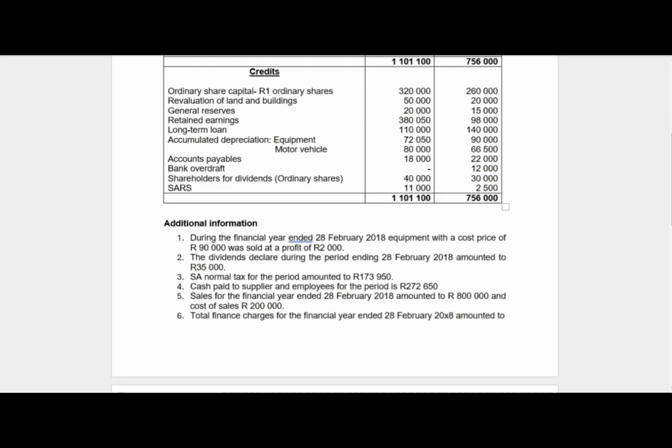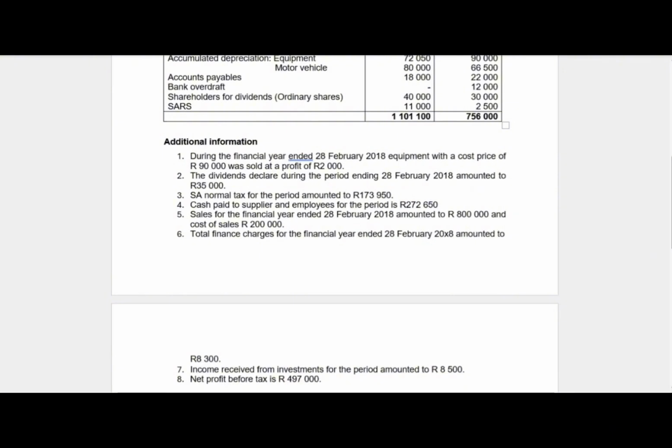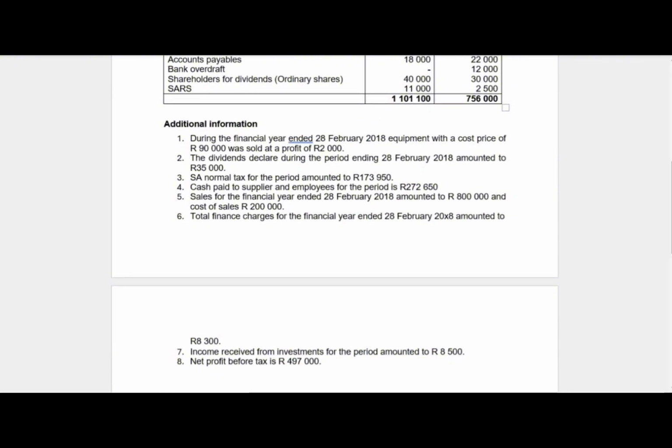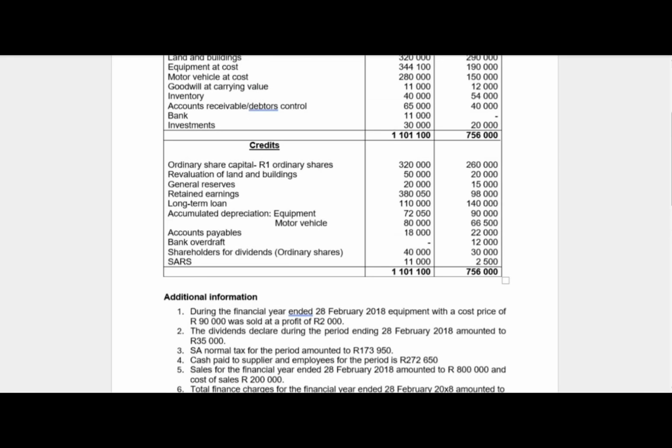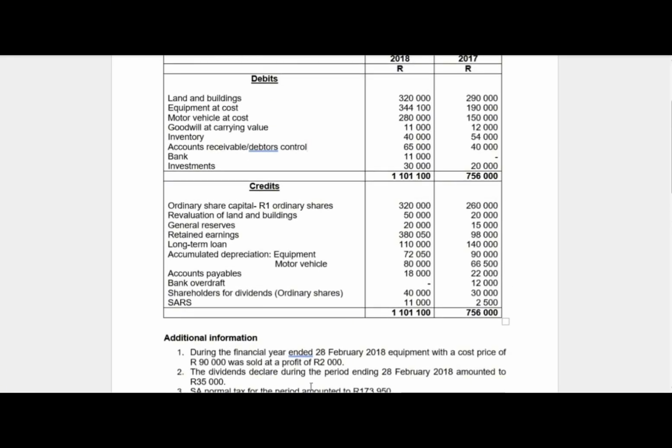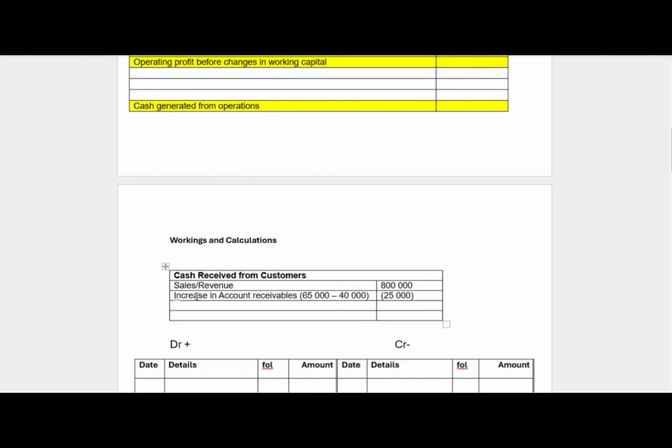But in this question, we only have sales and increase in debtors. Remember, if it was a decrease in debtors, when we calculate our cash receipt from customers, if there was a decrease in account receivables or debtors, we are going to add it. So now we only consider the two because that's the information we have.